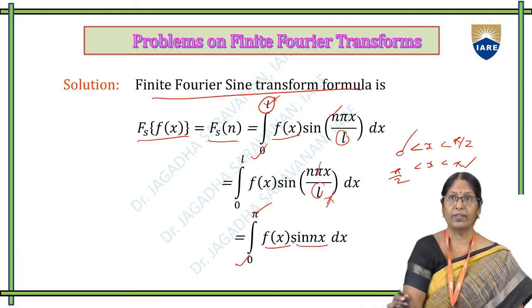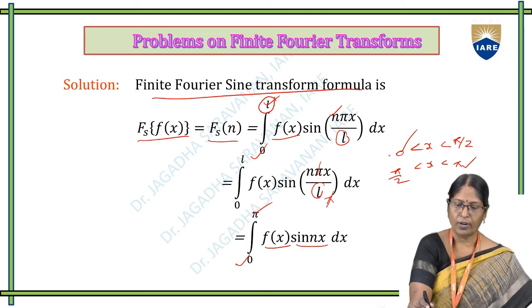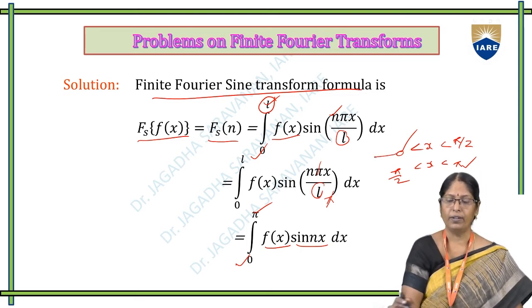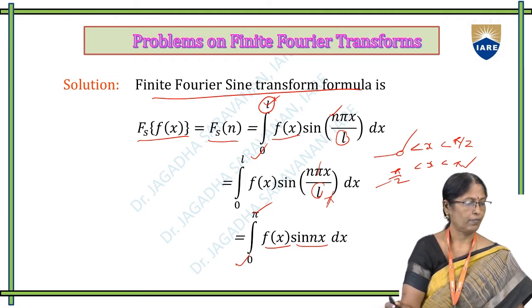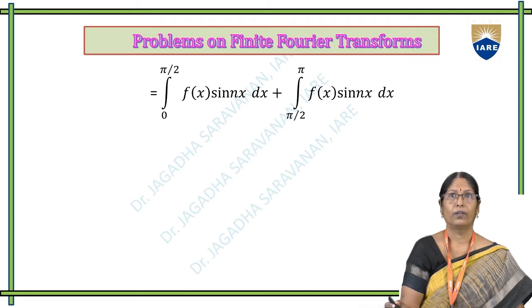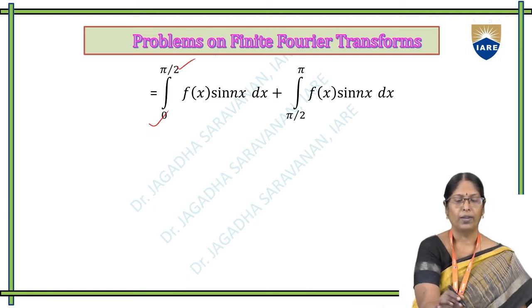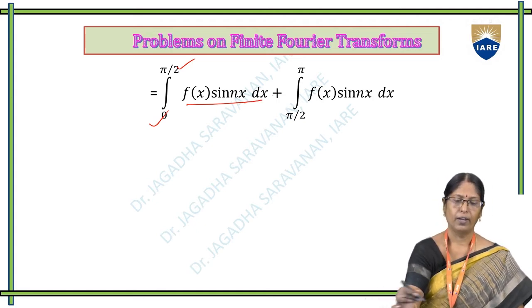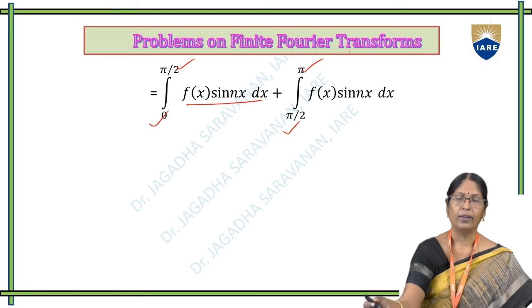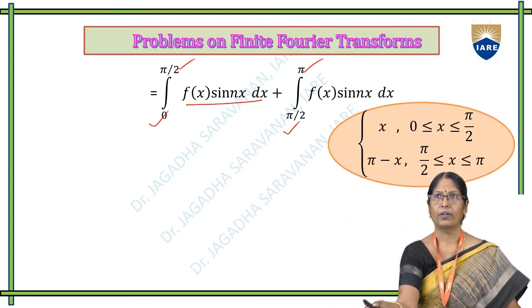Here f of x is there, but in this problem our f of x is different. So first we write the integral from 0 to pi by 2 of f of x sine nx dx plus the integral from pi by 2 to pi of f of x sine nx dx.